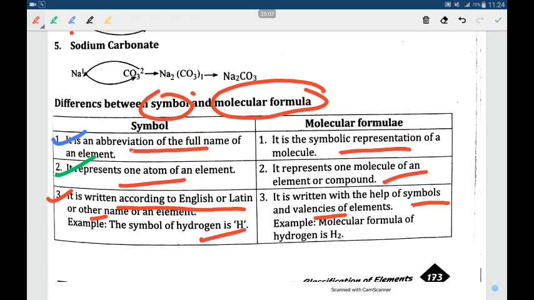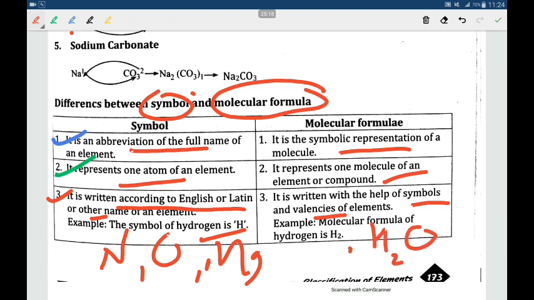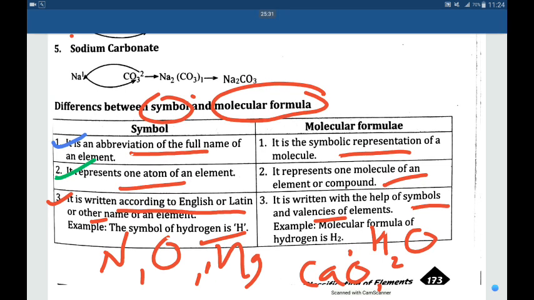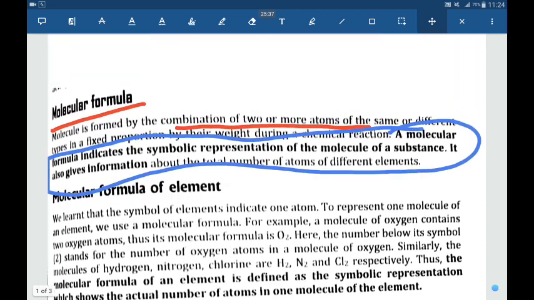Example of symbol is H, N, O, Mg. Molecular formula: H2, H2O, CaO, etc. You can give examples. So these are the things we have studied. Once again, I'm going to show you.